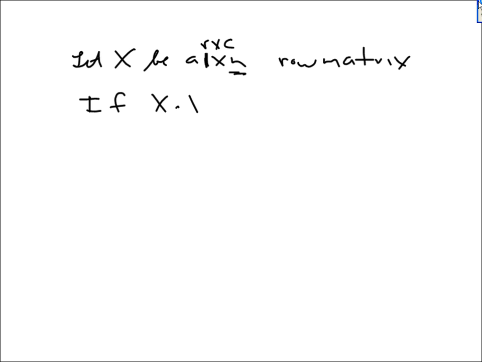Because when you dot a row matrix with a column matrix, you get a real number. If X dot X transpose equals 0, then what can X be?